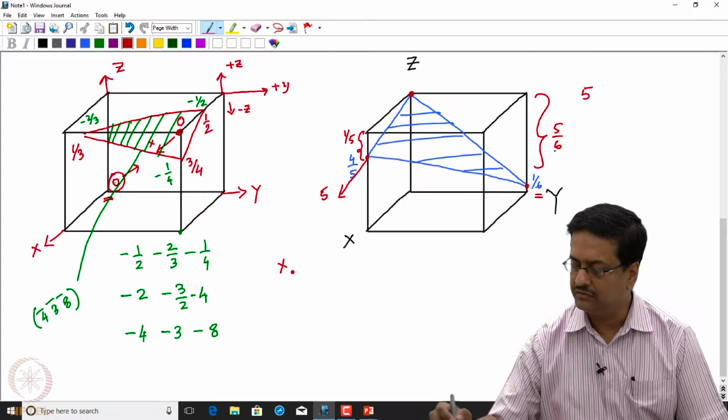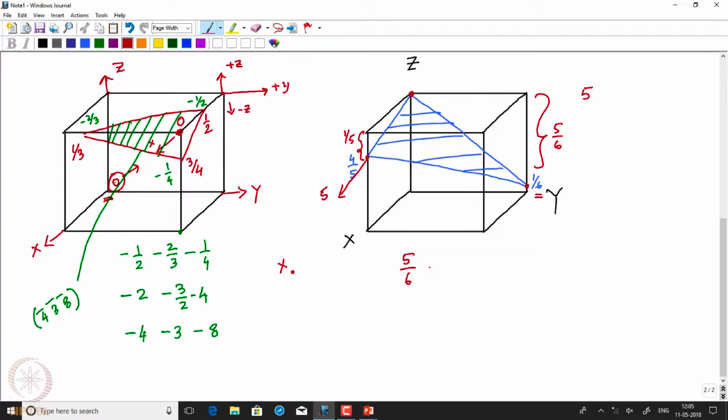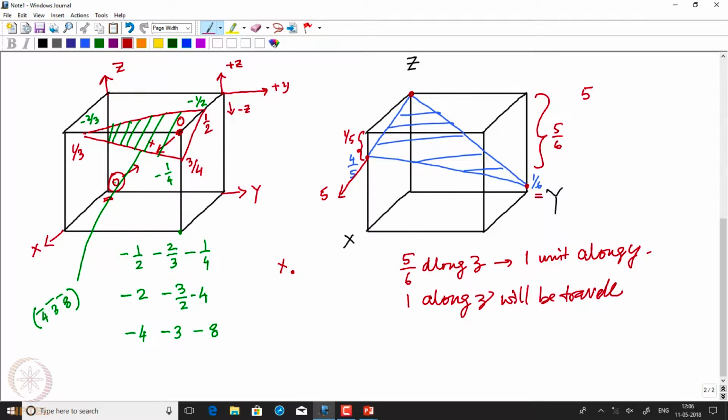So, if it has come down 5/6 along z while traveling 1 unit along y, then 1 along z will be traveled in 6/5 unit along y.